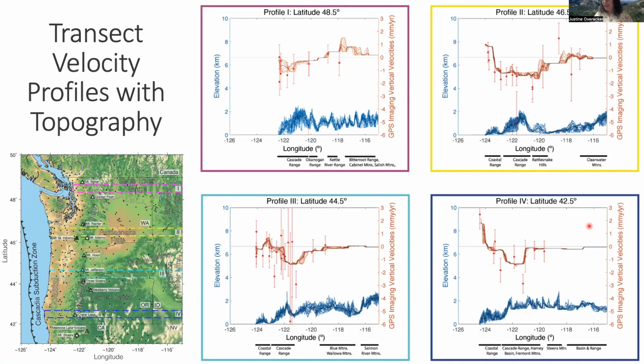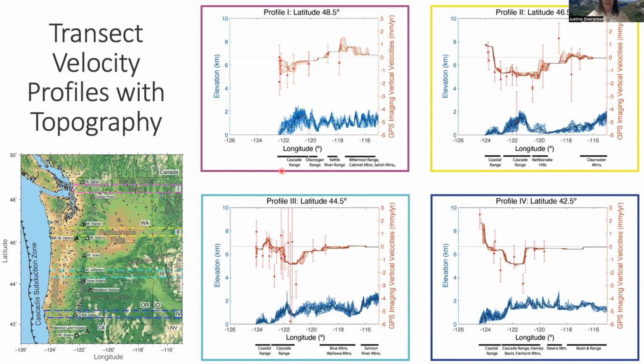So GPS imaging appeared to be showing the greatest amount of subsidence along the Cascade arc and back arc, but just to check, I made some velocity profiles plotted across latitude transects, 48.5, 46.5, 44.5, and 42.5 degrees latitude. The blue in these figures shows topography, the orange shows the GPS imaging result, and the red shows the MIDAS velocities along the longitude.